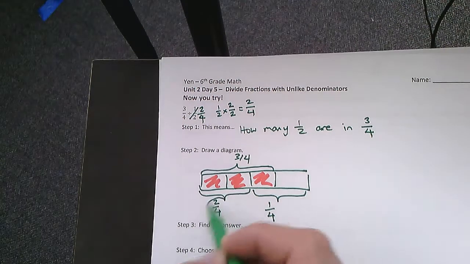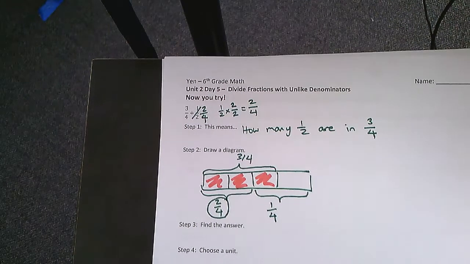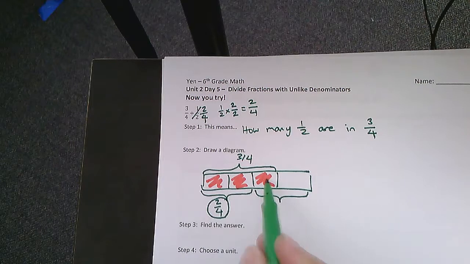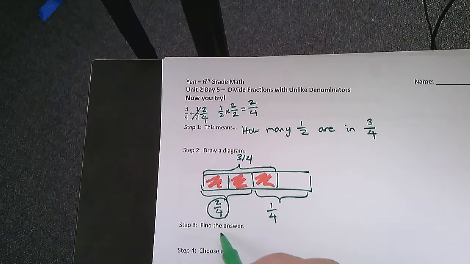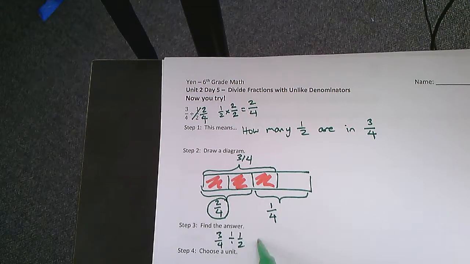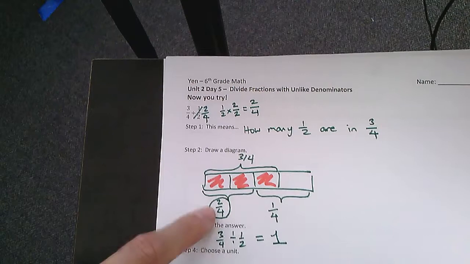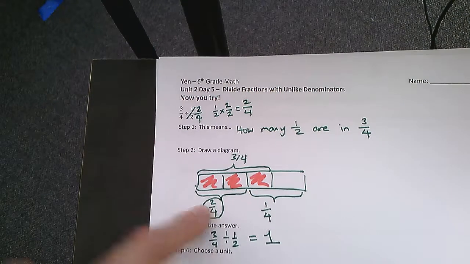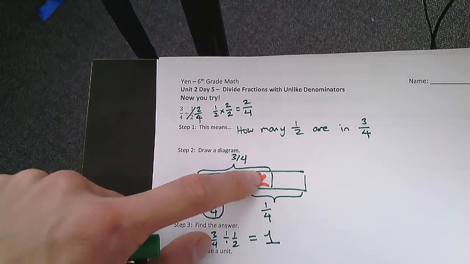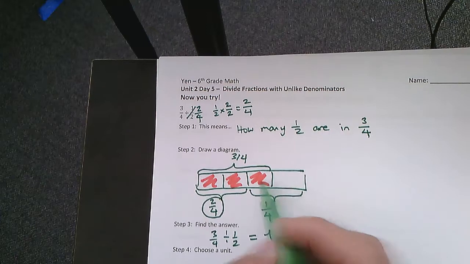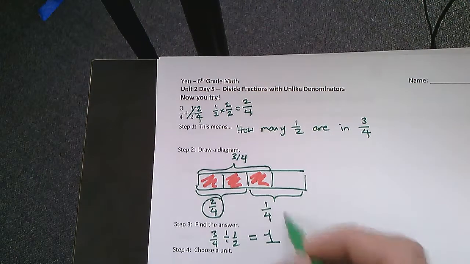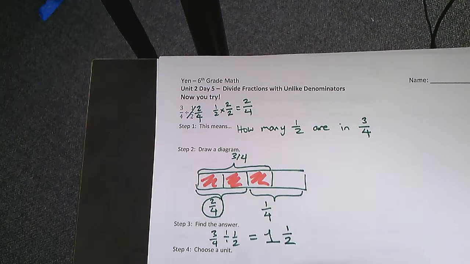So I can have 1 full section of 2/4, and then I have 1 left over. So 3/4 divided by 1/2 equals 1 whole. So I can fit 1 2/4 in. And then remember here, I have 1 out of the 2 that I would need. So it's 1 out of 2.